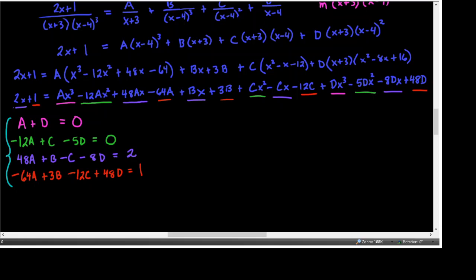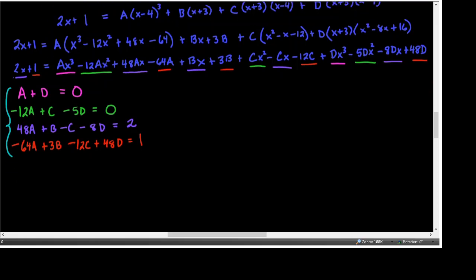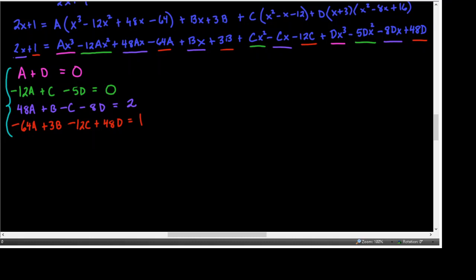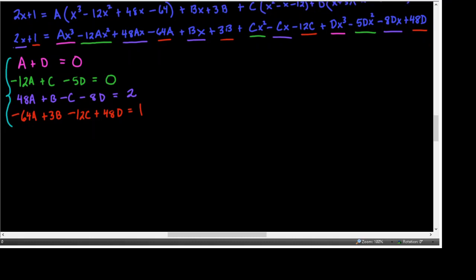In algebra, you learn a bunch of different techniques for solving systems of equations. One of my favorites, and I hope you saw this in an algebra setting, is using matrices.